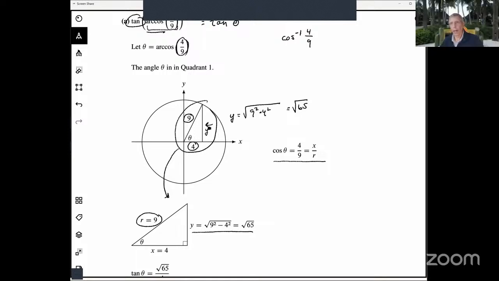A common error in writing cosine inverse is that some students interpret that as 1 divided by the cosine, and of course that's not true. This is our accepted notation for the arc cosine, the inverse cosine function. Yes, good point.